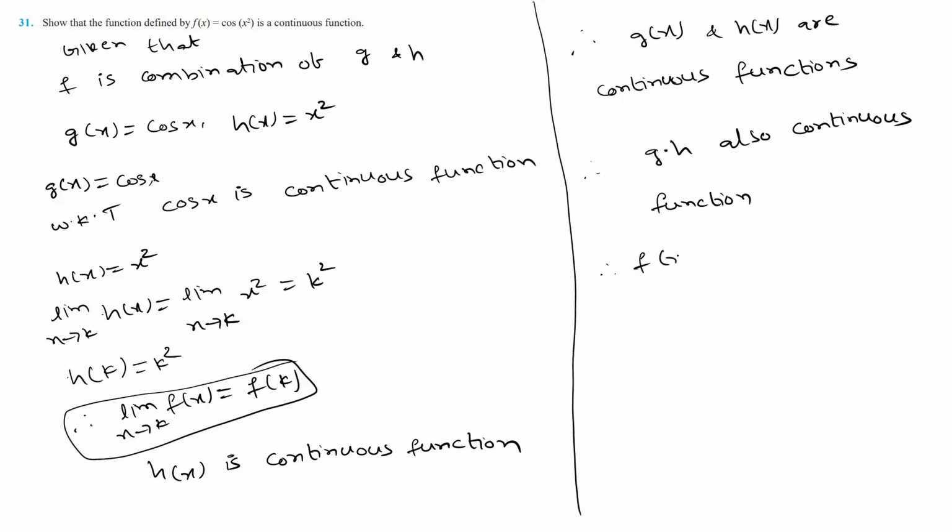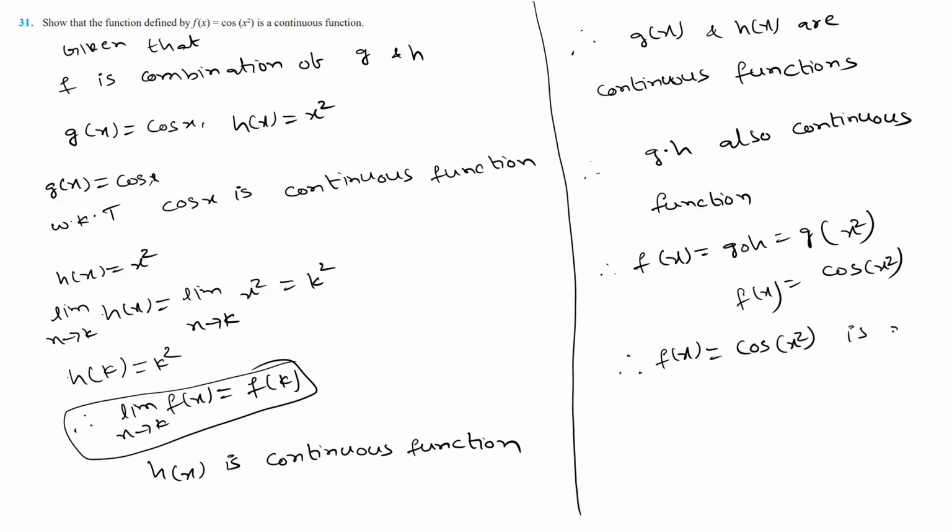So f of x is equal to g of h, which is nothing but g circle h. So h is nothing but x square, g of x is cos x here. So cos of x square is the f of x here. So f of x is equal to cos of x square is a continuous function here. Okay.